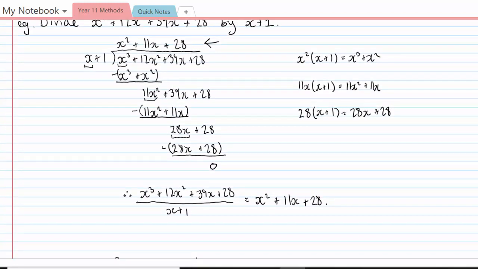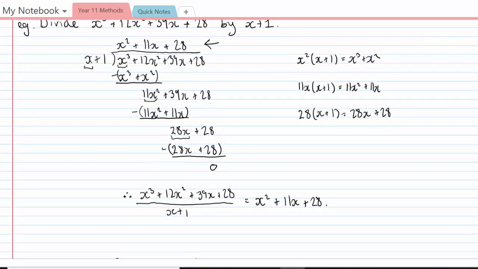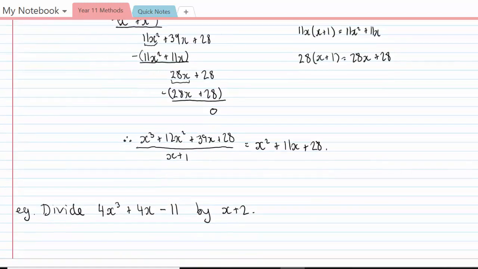You might remember the last video I was talking about, that there were 5 4s in 20, for example. So here we can say that there are x squared plus 11x plus 28 x plus 1s in x cubed plus 12x squared plus 39x plus 28. Not quite as nice as those last ones we were doing. Let's move on to the next one.